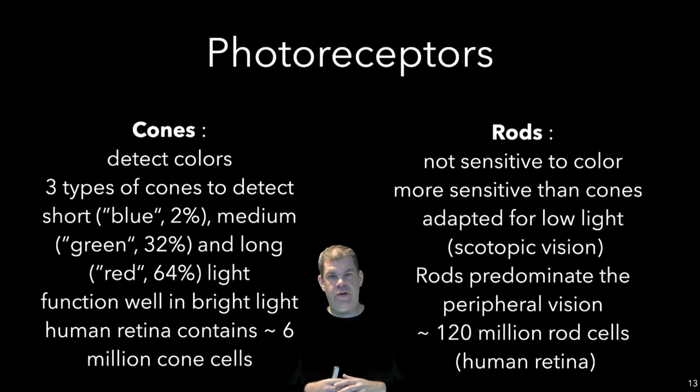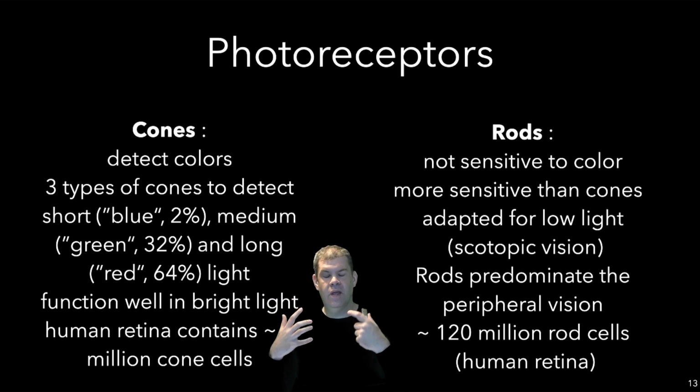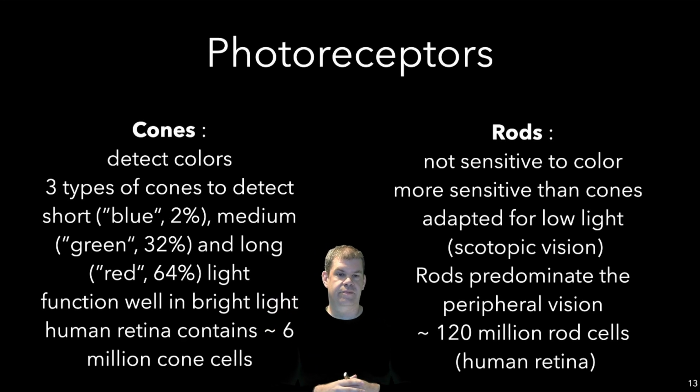Since we only have one rod type, we can't distinguish different wavelengths with the rods, and those are extremely sensitive to low light, and we use them at night. So our visual system automatically switches to the rods at night and turns them off during daytime. We have three different cone types: short, medium, and long range detectors.